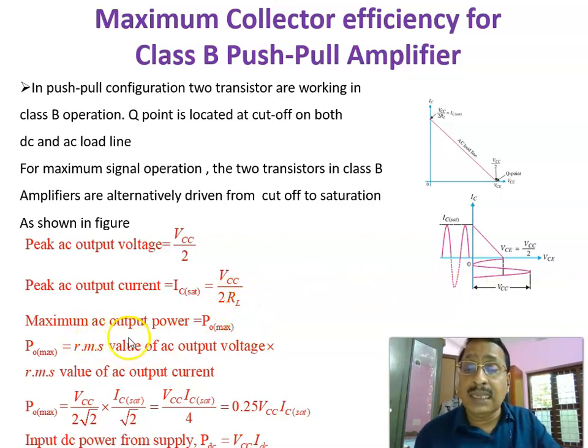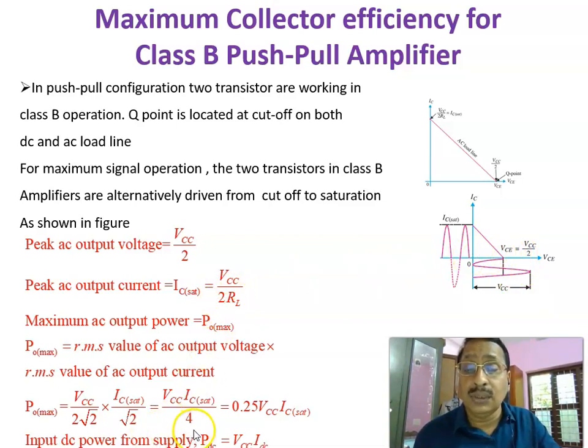Therefore, the maximum AC output power, that is PAC max. Now, PAC max is given by the RMS value of the voltage into the RMS value of the current. The peak value of the voltage is given by VCC by 2, and the peak value of the current is given by VCC by 2RL.